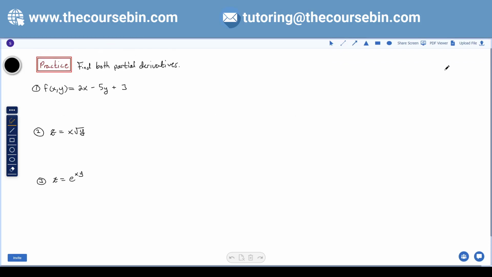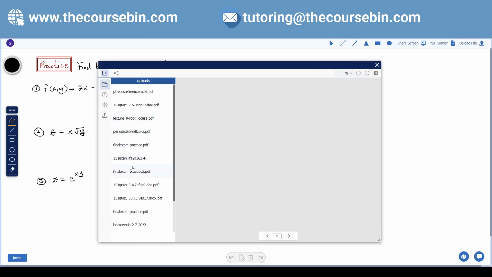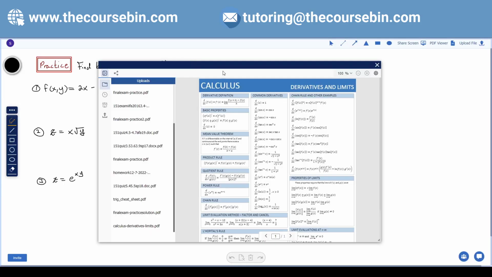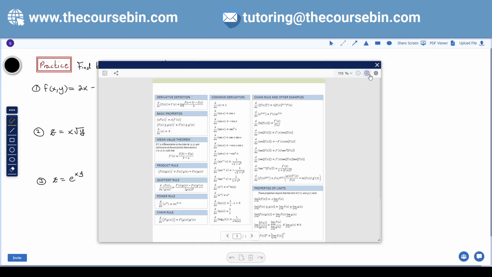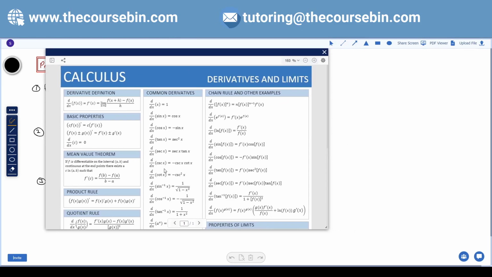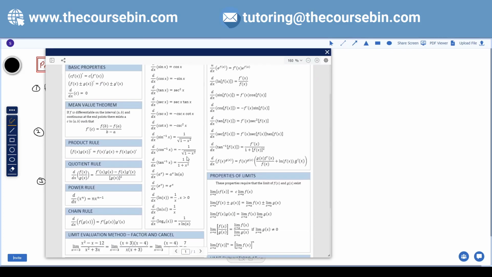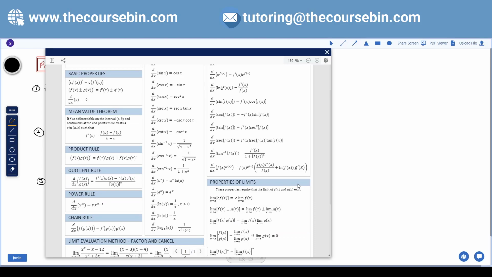Right, now you're going to need calculus, derivatives and limits. I don't think you have this yet, but this is a formula sheet for different basic calculus rules, right?